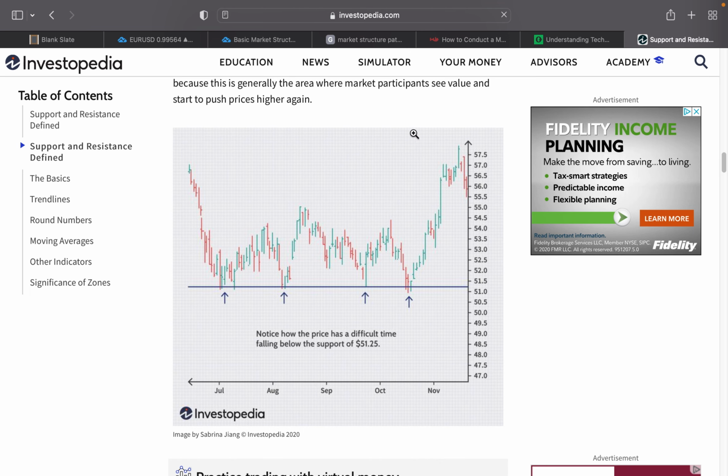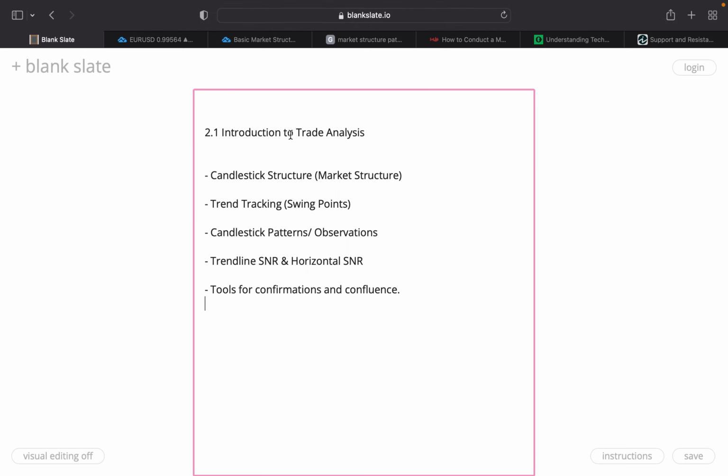So the understanding of trade analysis comes from the idea of contracts for difference. Here we are back to the contracts for difference. If you're not understanding contracts for difference, you have to understand that the market is being created by these orders, right? These orders are creating the market.